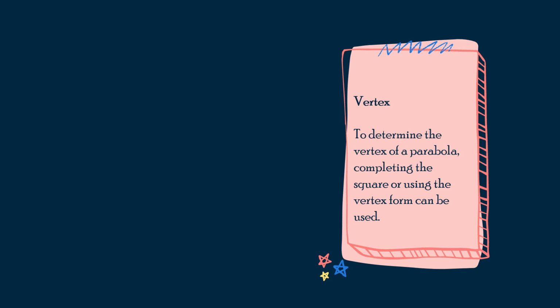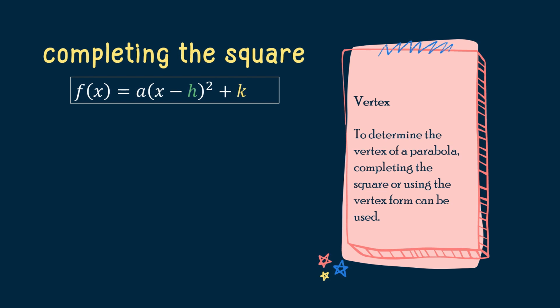Vertex. So the vertex, for us to determine the vertex of a parabola, completing the square or using the vertex form can be used. Okay, so meron tayong tinatawag na completing the square wherein we will come up with a quadratic function in the form f of x equals a quantity x minus h quantity squared plus k, wherein yung h and k are the vertex of our parabola.